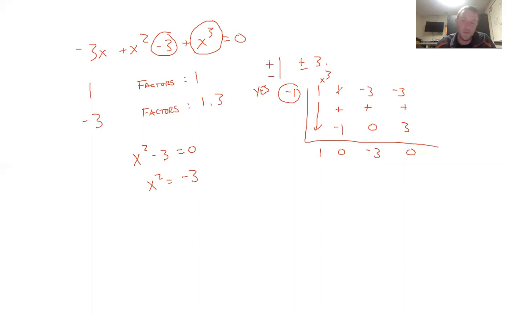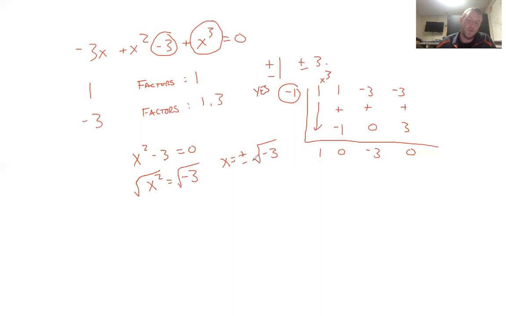Let's see, did I do something wrong here? 1, 1, -3, -3, 1, 1, -3, -3. Bring 1 down. I'm going to square root it. So I get x is equal to plus or minus radical -3.